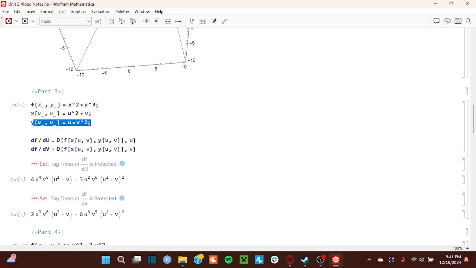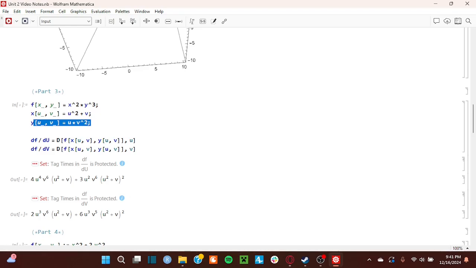Our end result for df over du is equal to 4u to the fourth v to the sixth times u squared plus v, plus 3u squared v to the sixth times u squared plus v, squared.